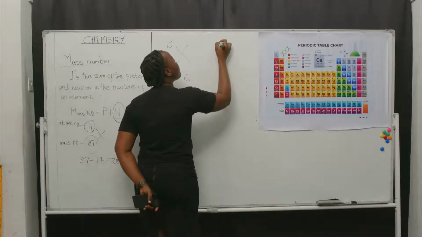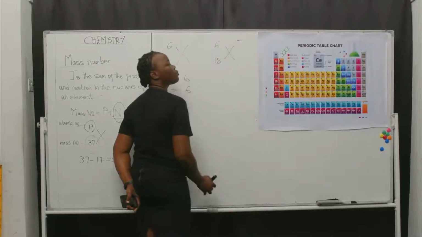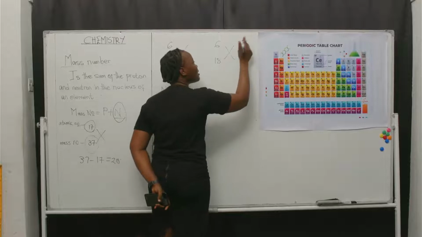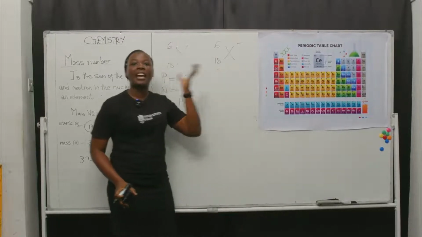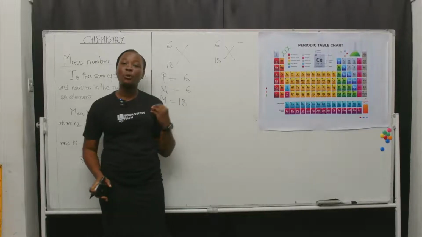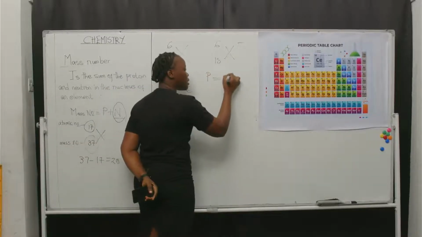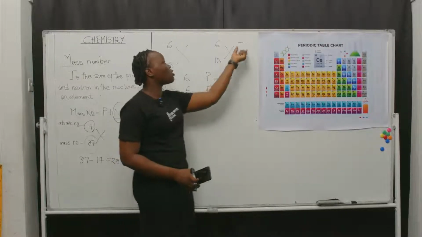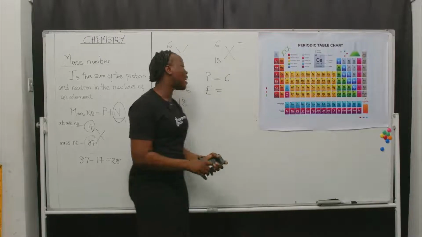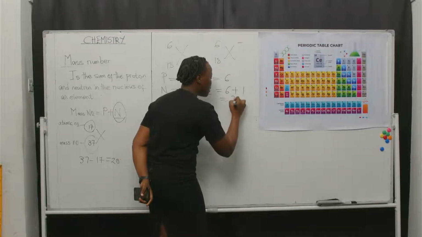But if I'm given 6, 18 with a minus, it carries a negative charge. That means it is an anion. It has received one electron to itself. Proton number would also be 6, but electron would not be 6 because of this charge. Rather, it would be 6 plus 1, which would be 7.